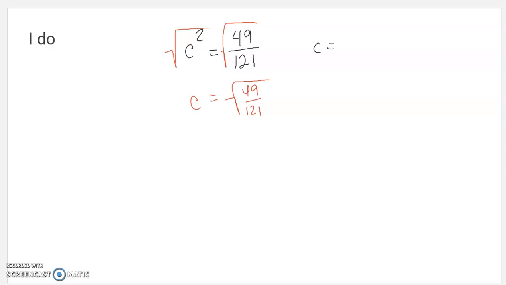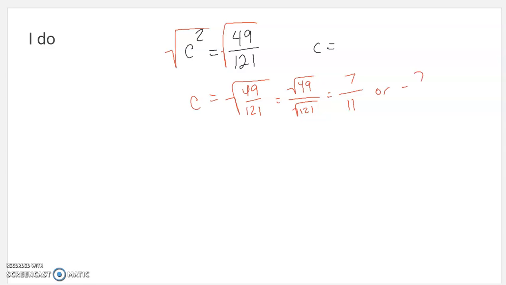Like I told you last time, you can find that by finding the square root of the numerator, which we can do, and the square root of the denominator, which we can do separately, and that turns out to just be 7/11. Not really so bad when you think of it that way.